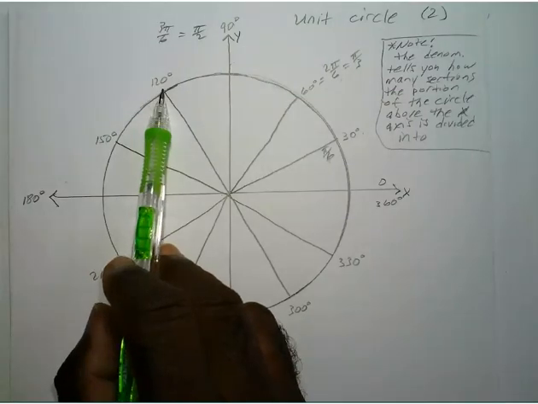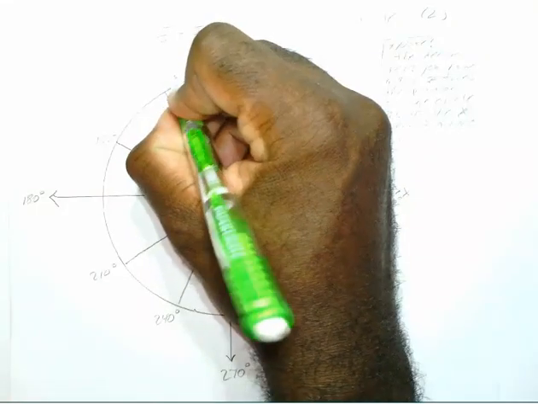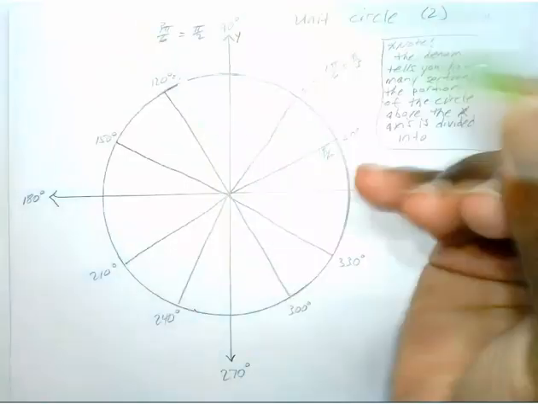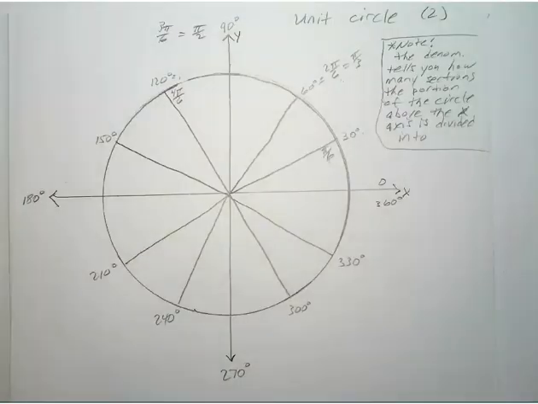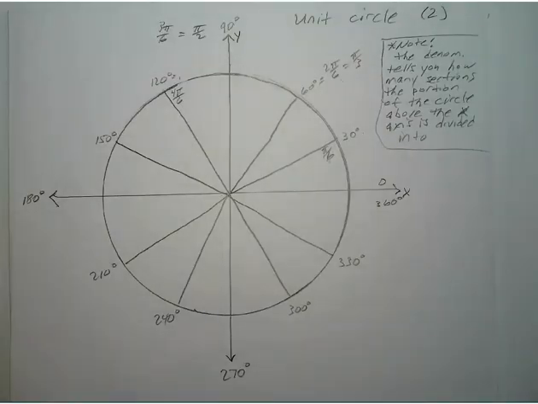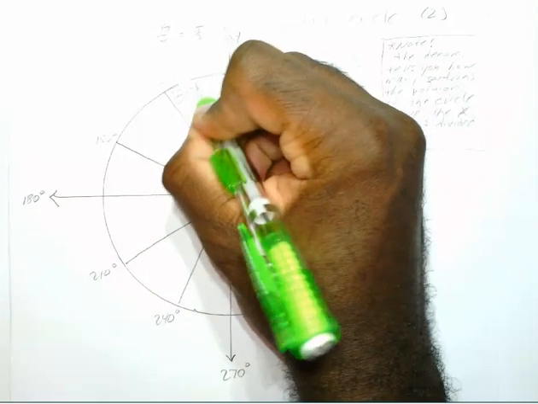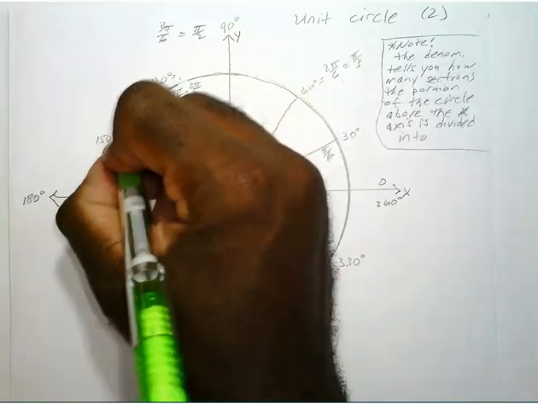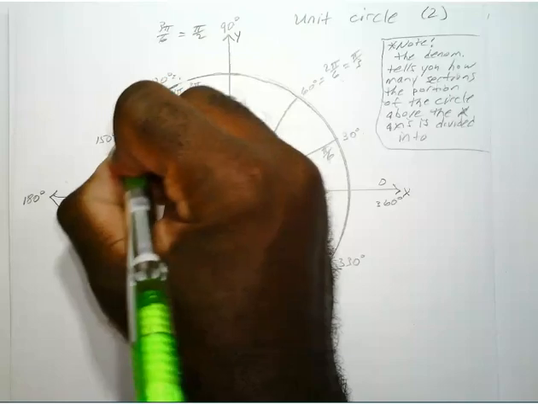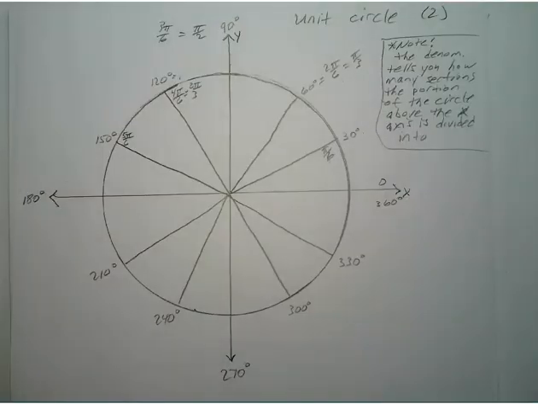So you have 1 pi over 6, 2 pi over 6, 3 pi over 6. This would be 4 pi over 6, which once you simplify it is 2 pi over 3. Then you have 5 pi over 6, which can't be simplified anymore.